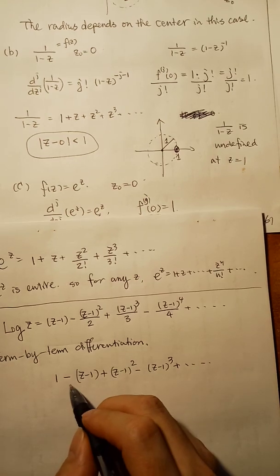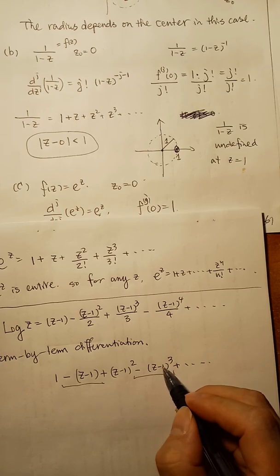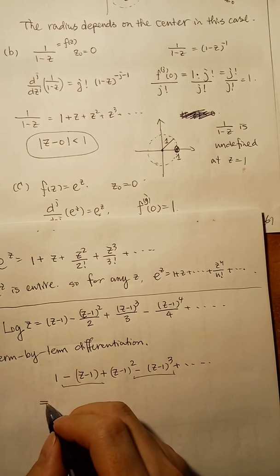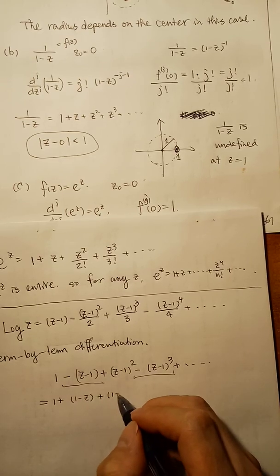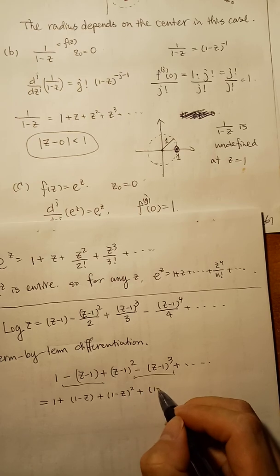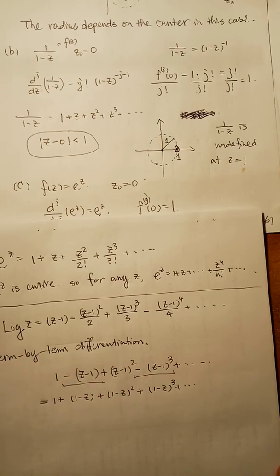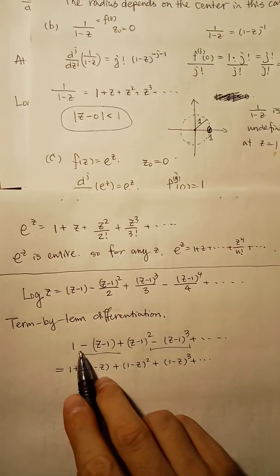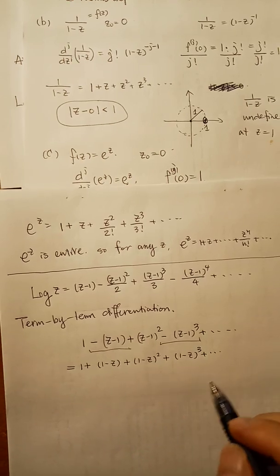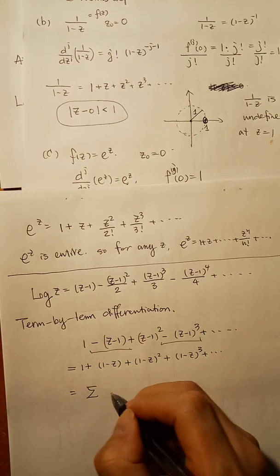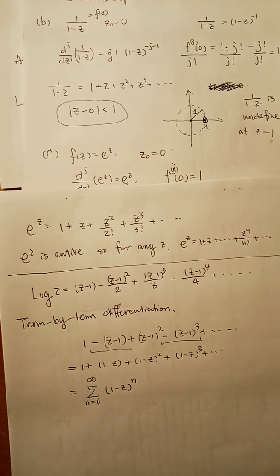Every time you switch the order for the odd part, when you switch z minus 1 to 1 minus z, it is equal to 1 minus z. For the even part, it doesn't matter what order you put. So by switching the order of z and 1, we absorb this negative sign. We don't want the alternating series. And then this is equal to the sum of (1 minus z) to the power n, from 0 to infinity.